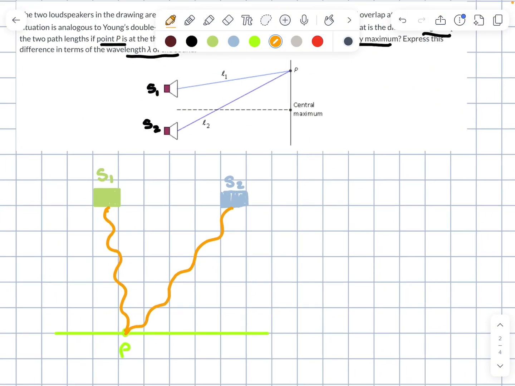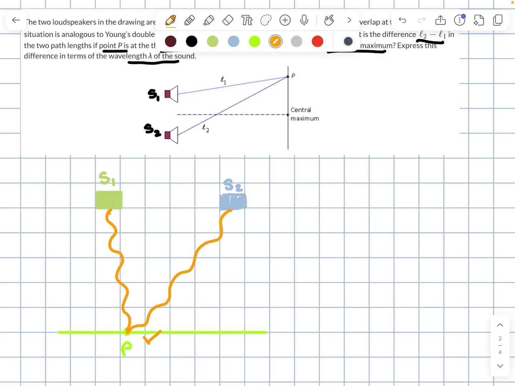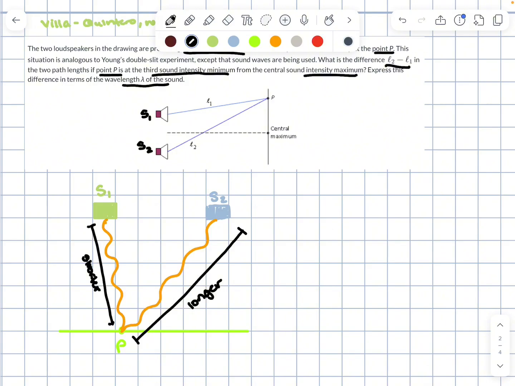This sound wave, in a different color, is much longer than this sound wave here. We can see that visually because speaker 2 is at more of a slant compared to S1, so that takes up more distance. Hopefully that helps see this drawing in another light.